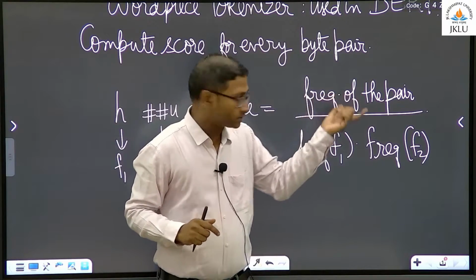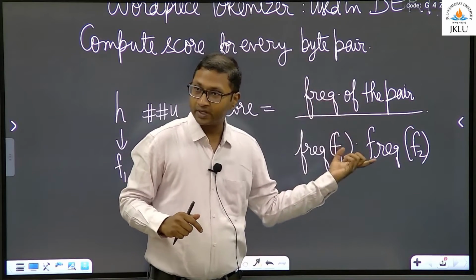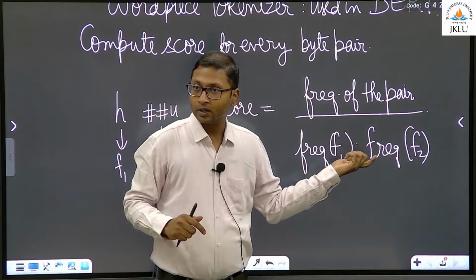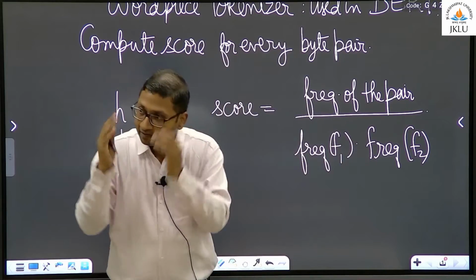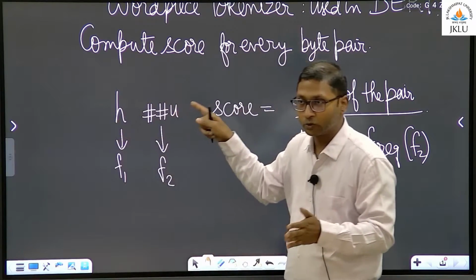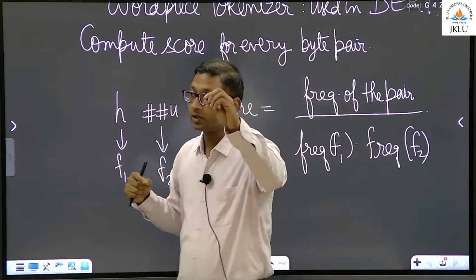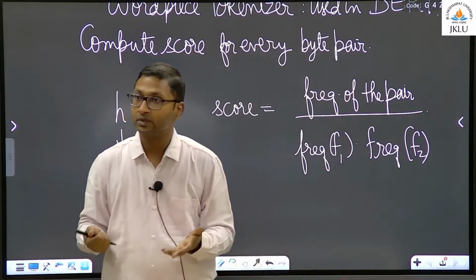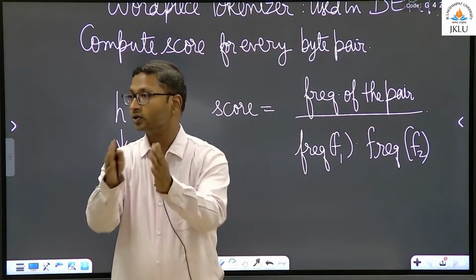If this number is high, it means the denominator is low, and so individually h or hash u don't occur as much, but whenever they occur, usually they occur together.